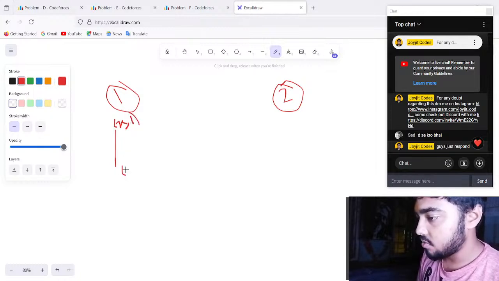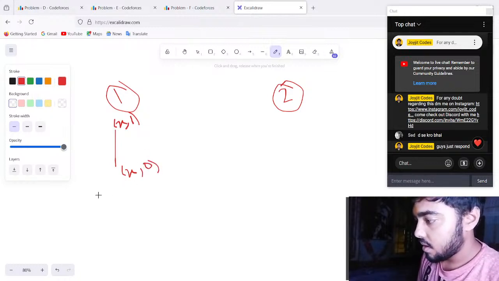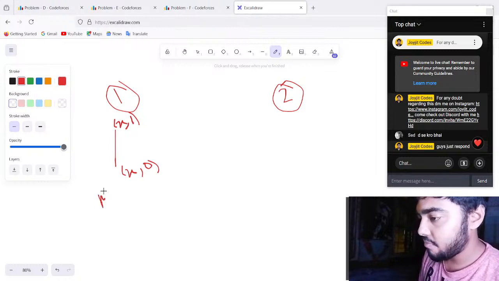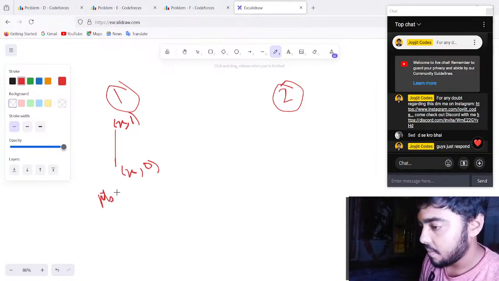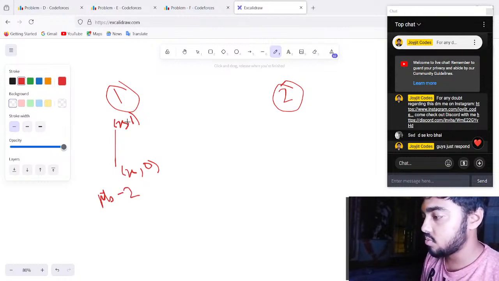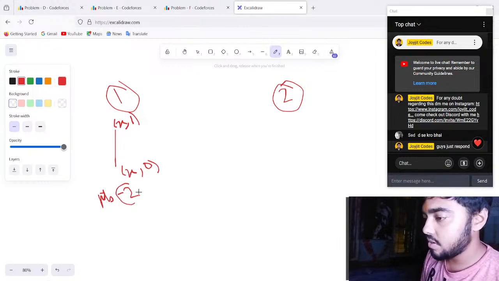In this case, there will be total number of points minus 2, because we are just taking off these 2 points and that's it.